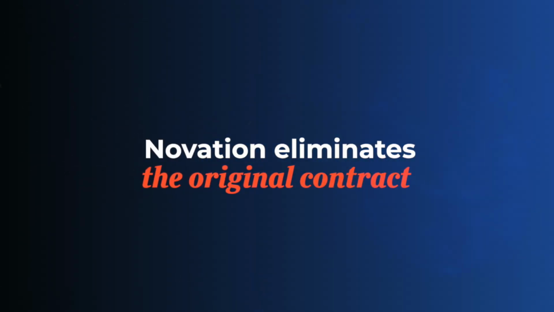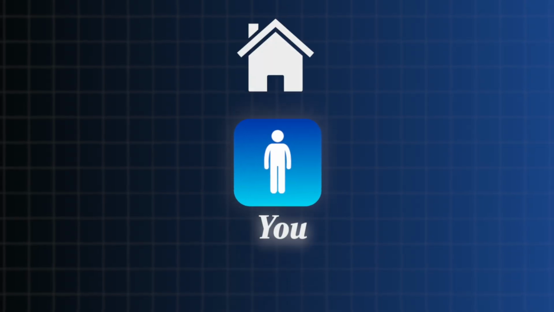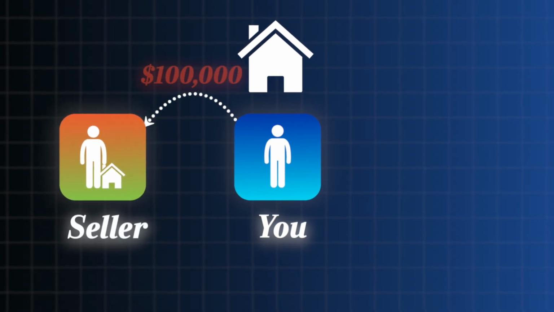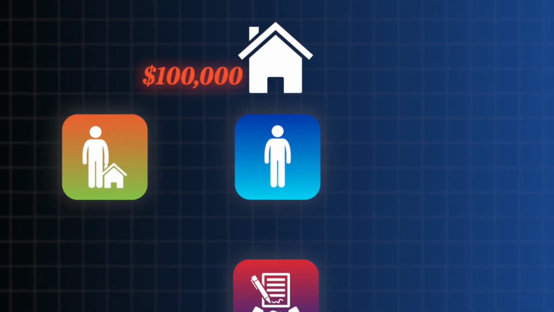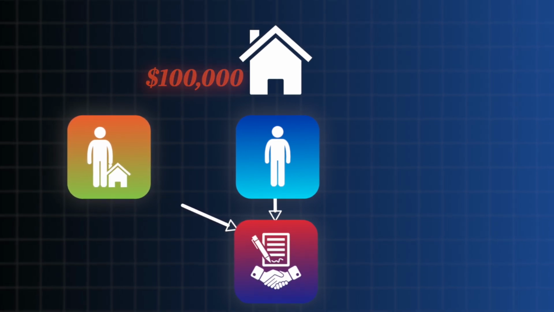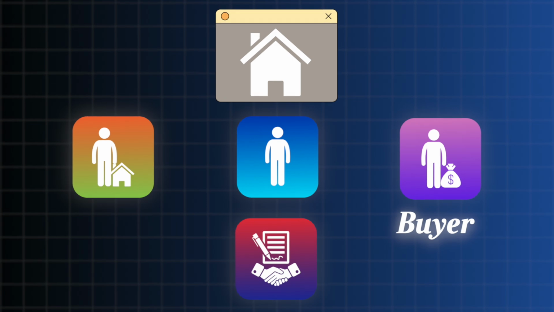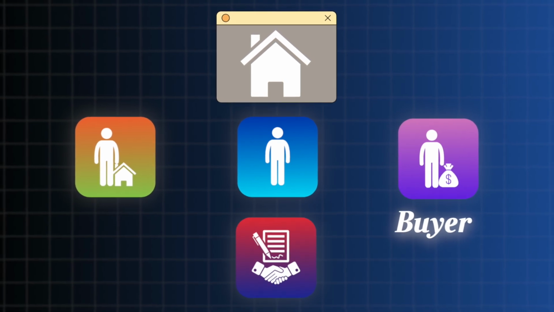So what a novation does, it eliminates that original contract that you have with the seller. So when you go under contract with the seller, let's say you find a property and you offer the seller $100,000, you and the seller have that purchase and sell agreement for $100,000. And then when you find that end buyer from putting it on the market, that novation agreement comes into play.